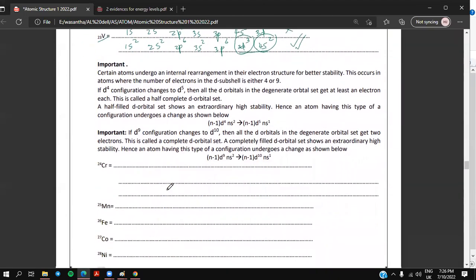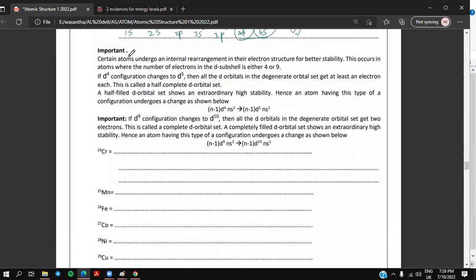Now see this. Certain atoms undergo an internal rearrangement in their electronic structure for better stability. This occurs in atoms where the number of electrons in the d subshell is either 4 or 9. If a d4 configuration changes to d5, then all the d orbitals in the degenerate orbital set get at least an electron each.